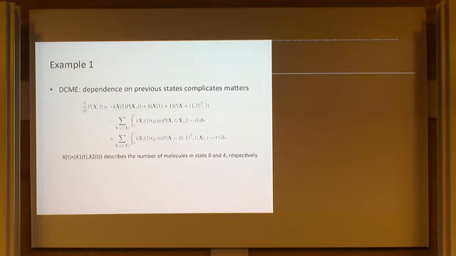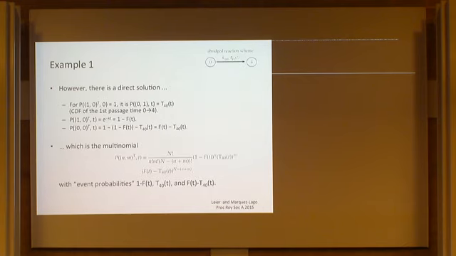So xi is a state in the past at time t minus s from which the system evolved to enter state x at time t. And of course also these probabilities here are not so easy to simplify.